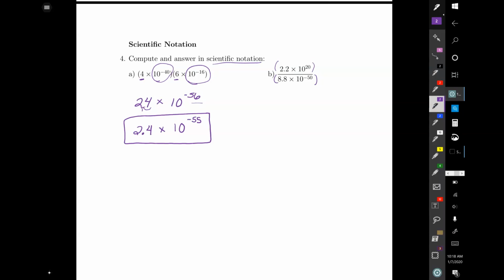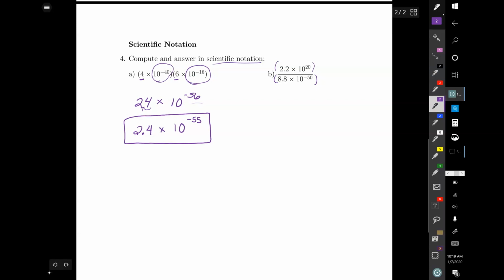Again, we're going to follow the same concept. We're going to divide 2.2 by 8.8, and since these are decimals, I can just put it in decimal form. In scientific notation, that's common to do. We wouldn't necessarily leave it in fraction form.